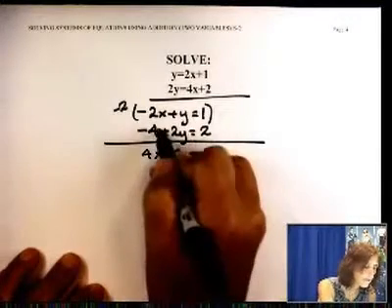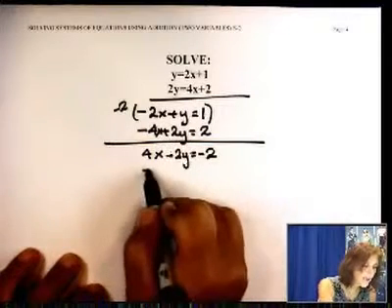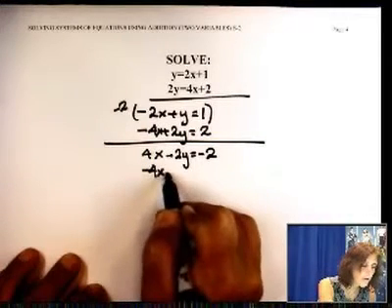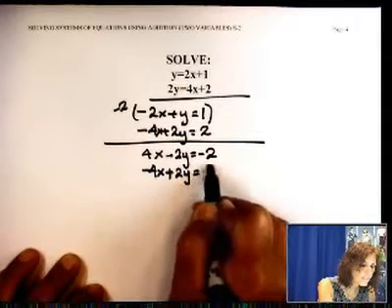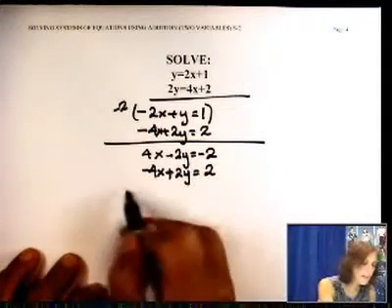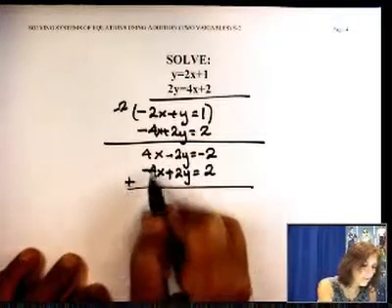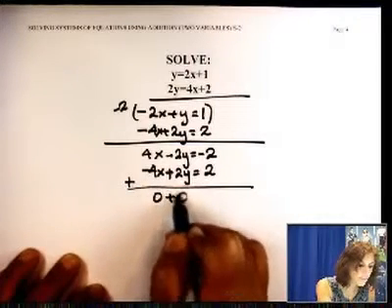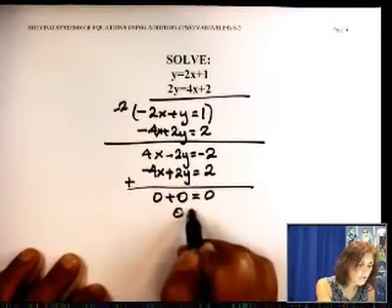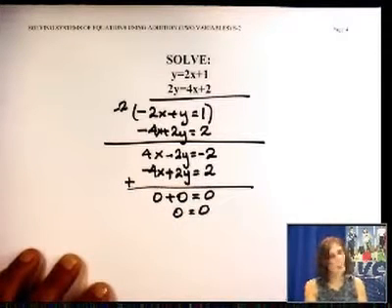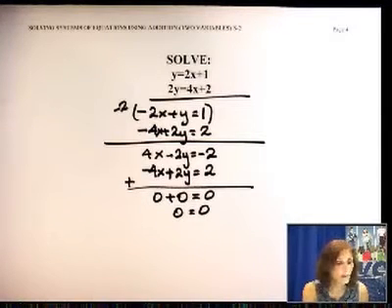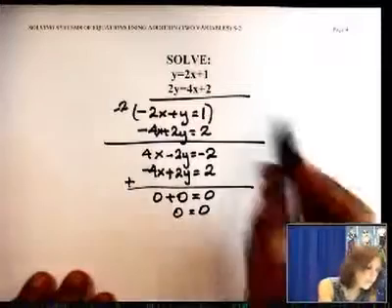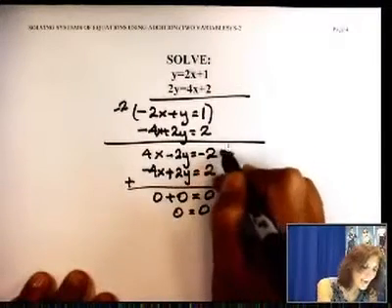All right. And you have negative 4x plus 2y equals 2. So let's add. You're going to end up with 0 plus 0 equals 0. 0 equals 0. What does that mean? 0 is always equal to 0. So it always works, no matter what you do. And when you actually look at these two equations, they're identical.